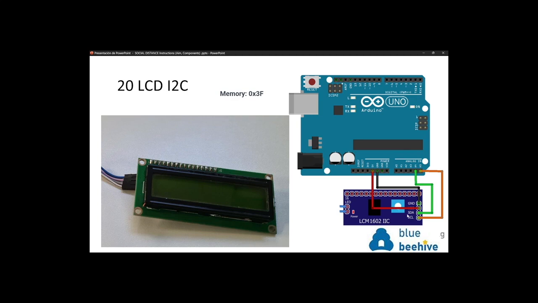In this way all these pins are connected to the LCD, and from our side we just need four: GND, VCC, and then SDA and SCL, and we will use two analog ports to connect to the Arduino.